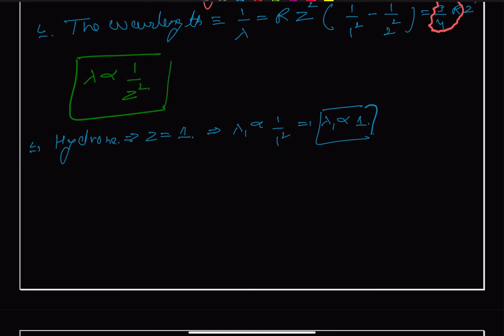Second element is our deuterium, which gives us that the value of Z will be equal to 1. Therefore, here also value of lambda 2 is proportional to 1.